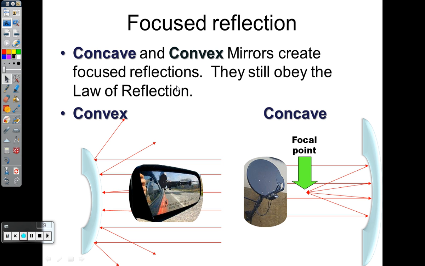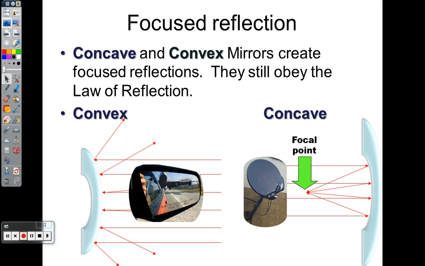An example of our convex mirror is the car side mirror. So what would be the advantage of this? You see things better? You can see more, so you see a wider angle.